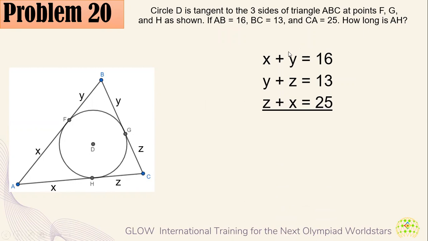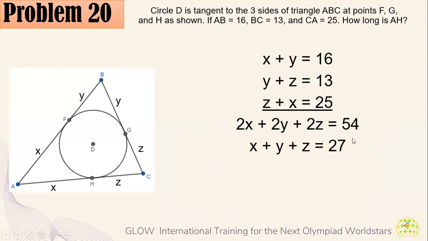So the sum of all the terms on the left-hand side is equal to the sum of all the terms on the right-hand side. For the left side, you could see there are two x's, two y's and two z's. That's why their sum is 2x plus 2y plus 2z equals 16 plus 13 plus 25, which is 54. And we could divide both sides of the equation by 2, and we get x plus y plus z equals 27.